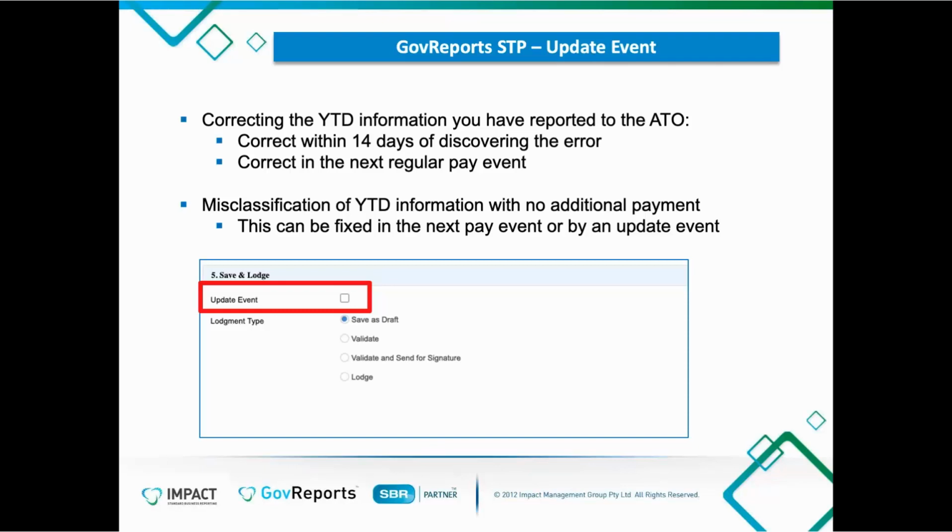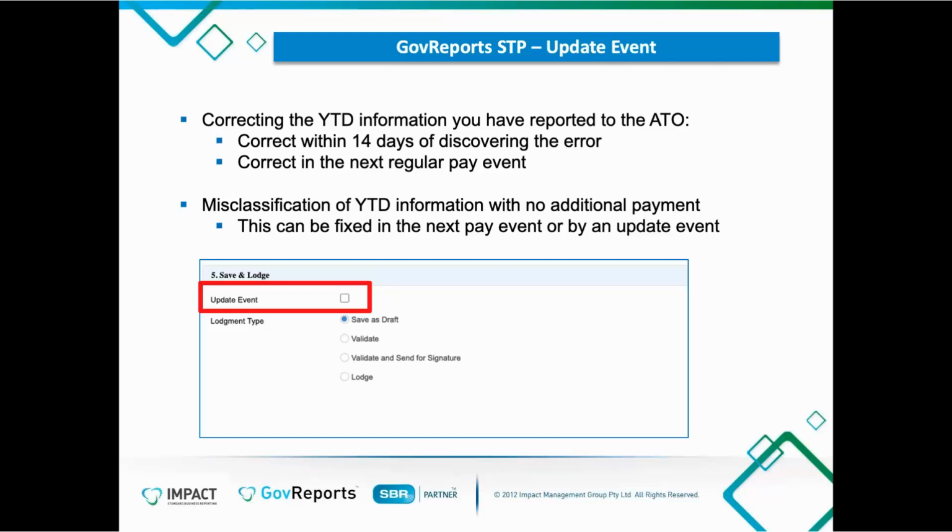So again, if you're paying monthly, then you can go in there and fix it, or you can correct it in the next regular pay event. So if you're doing it every week, you might say, I'll just fix it next week when I do the wages, and then you can do the new event, and it doesn't have to be an update event.